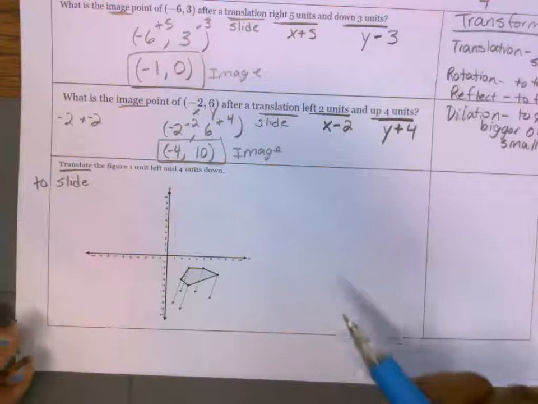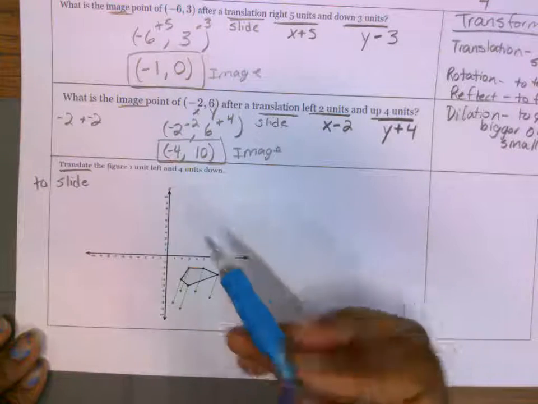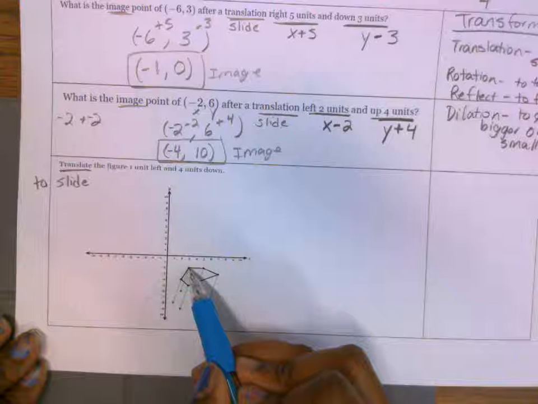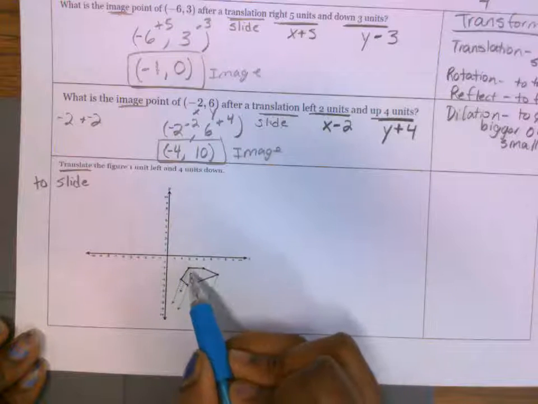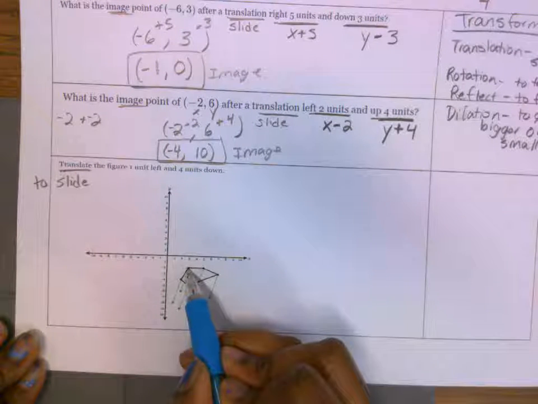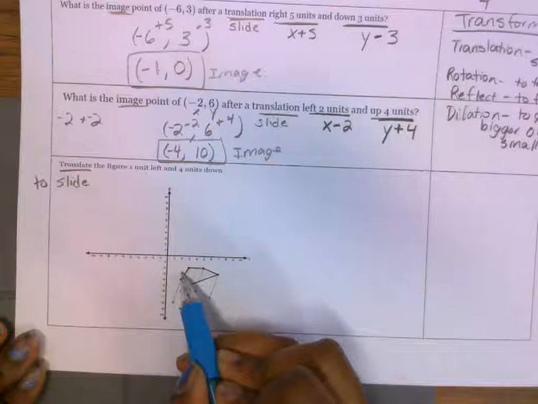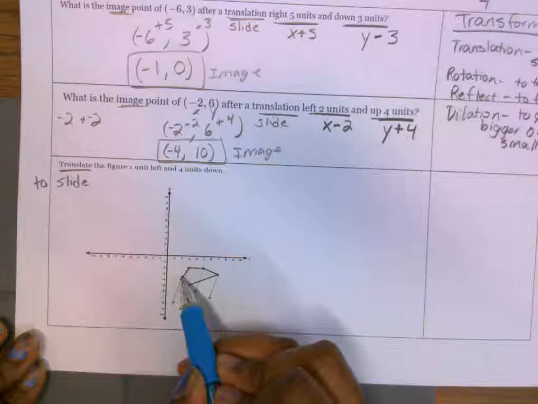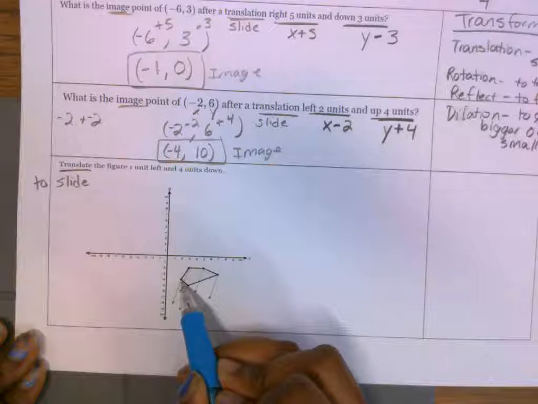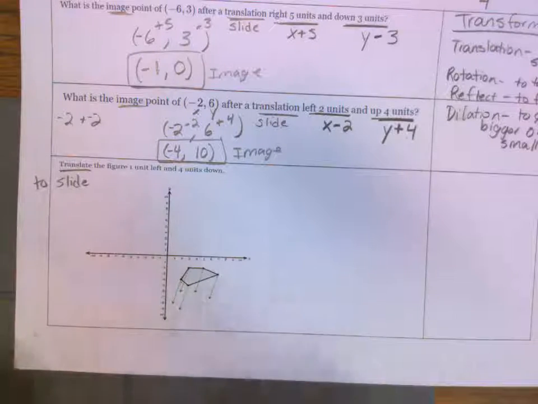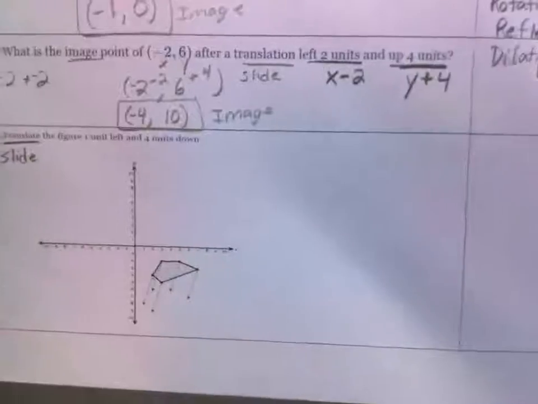So you're going to take all of these ordered pairs and move all of these points 1 unit to the left and 4 units down. So I'm going to start with this one, 1 unit to the left, and then go down 1, 2, 3, and 4. It's so hard because these grid lines you can't see that well.